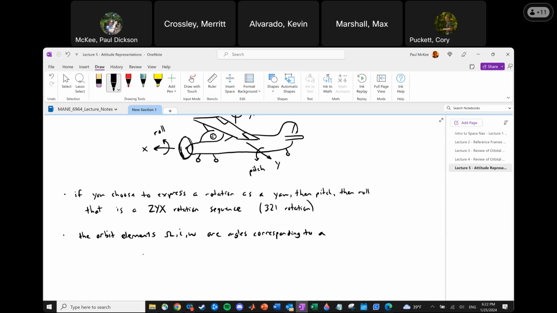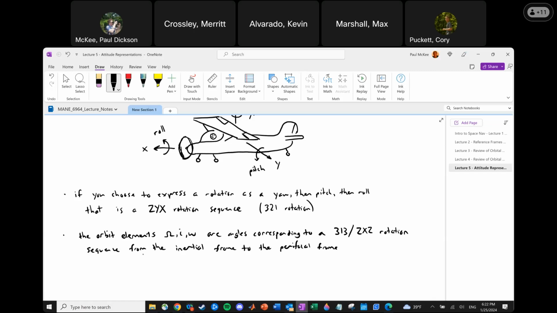Was that a 3-1-3? Good. 3-1-3, or alternatively a ZXZ rotation sequence from the inertial frame to the perifocal frame. So this is just closing the loop on that.